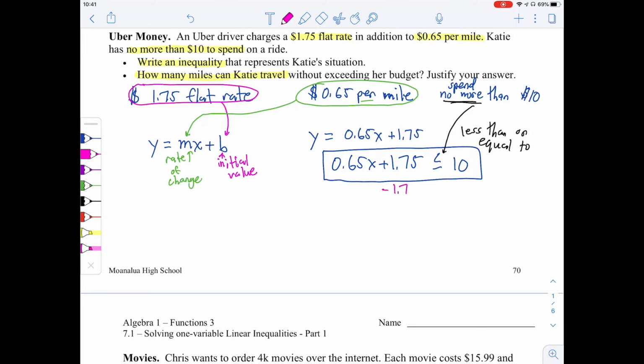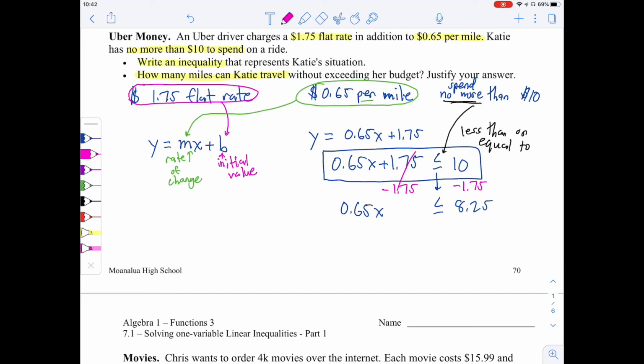So subtract 1.75 from both sides of our inequality. We have 0.65x. Remember, bring down that sign, same thing. And then $10 minus $1.75 will be 8.25.